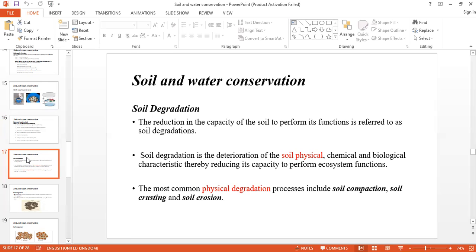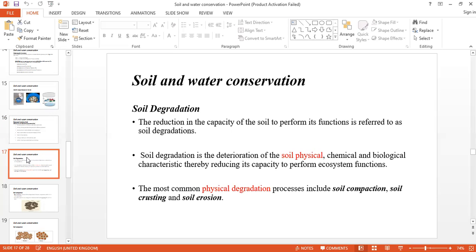But in the actual definition, we can simply say that soil degradation is a deterioration of the soil physical, chemical, and biological characteristics, thereby reducing its capacity to perform functions.